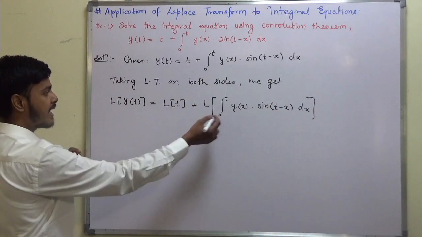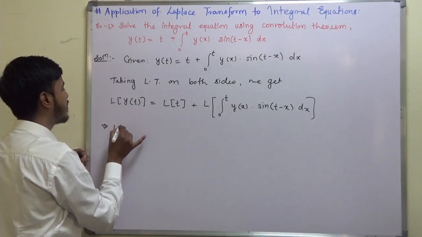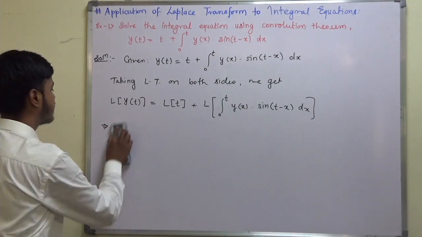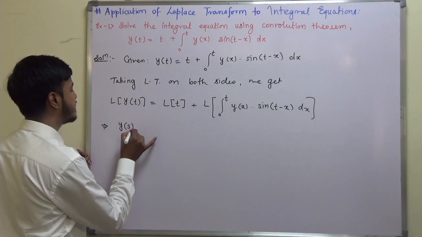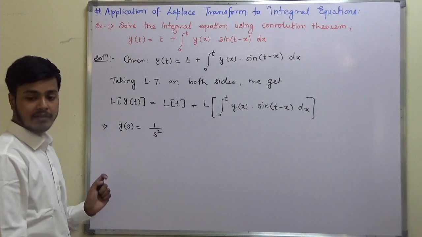Apply convolution theorem over here. So Laplace transform of y of t is y of s. So this is y of s is equal to Laplace transform of t, 1 by s square, right?